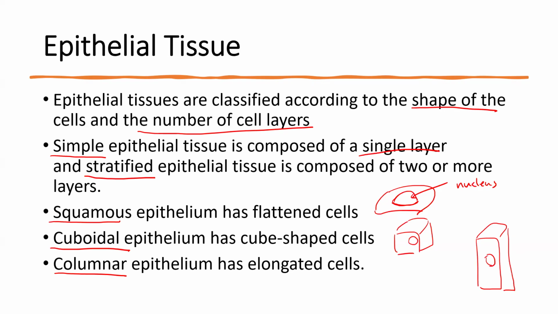So these terms can be used in conjunction with one another. If you have a single layer of flattened cells, then we say simple squamous. If you have multiple layers of flattened cells, then we say stratified squamous.